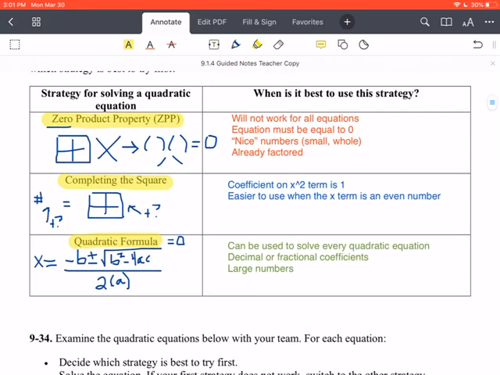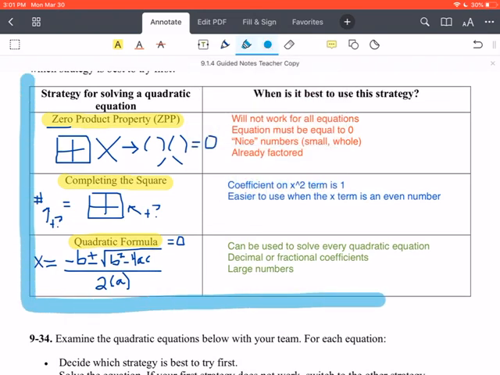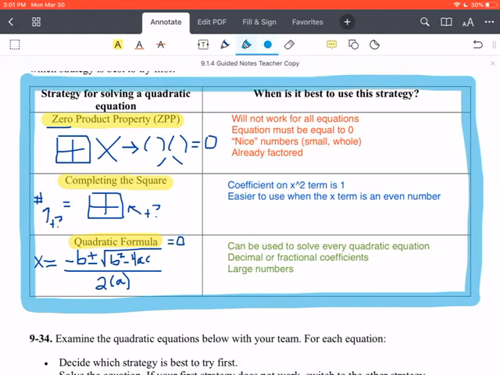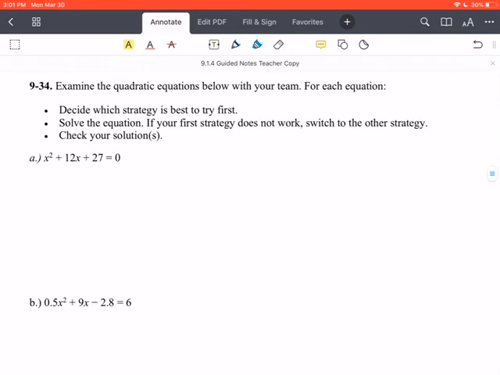Okay, so this right here is a very important table that you want to definitely keep alongside you as you do problems with quadratics. This is in a nutshell what we've been building up to basically all the time that we've been at home, and even before spring break, believe it or not, because that was when we learned how to factor. So what you are going to do kind of by yourself at home is we are going to think about which strategy would be best to try first for each of these.